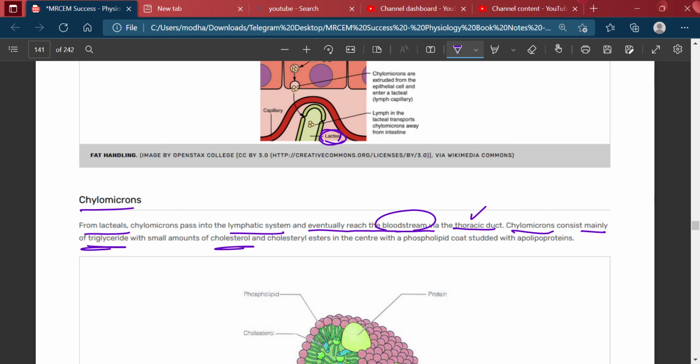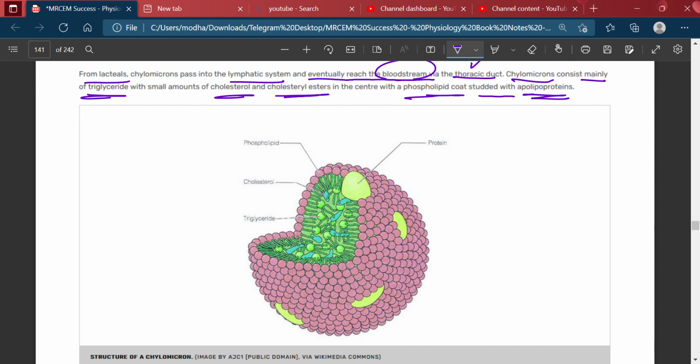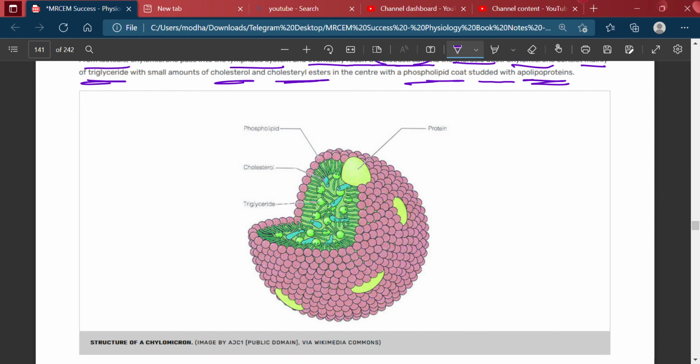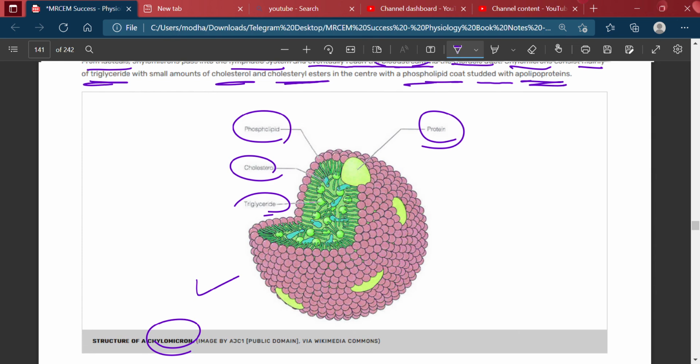cholesterol ester in the center, with a phospholipid coat studded with apolipoprotein. So this is the chylomicron, in which this is the protein, this is the phospholipid, this is the cholesterol, and the innermost is the triglyceride.